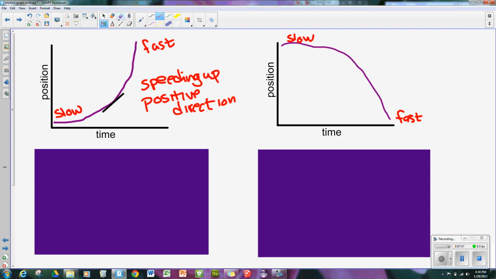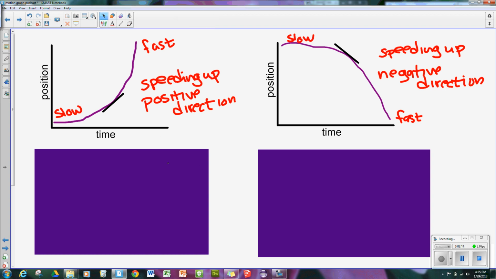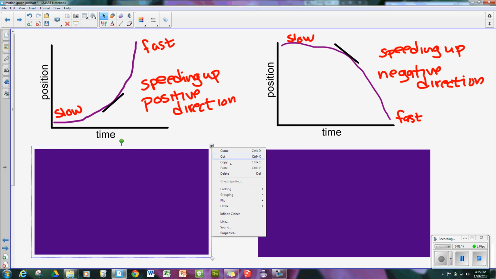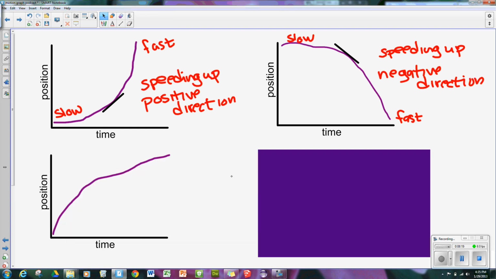So if we consider a tangent line partway through, that tangent line has a negative slope, so this is speeding up, but this time in the negative direction. And then we have 2 more. So there are 4 possible ways to accelerate.